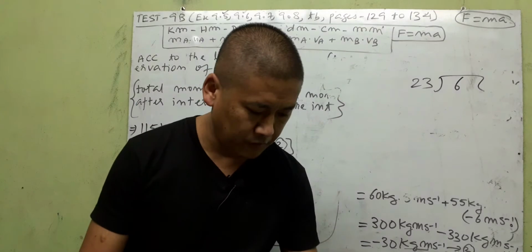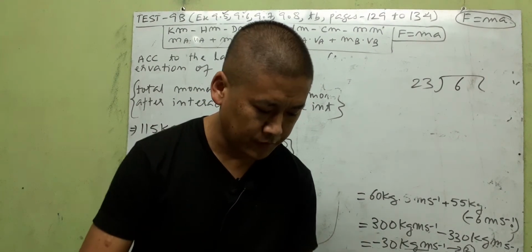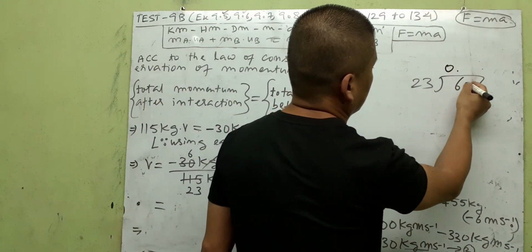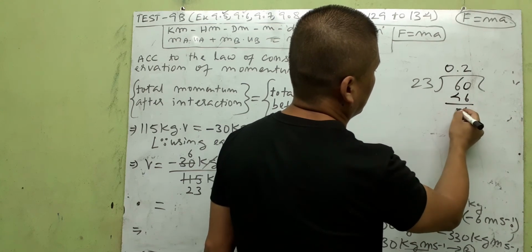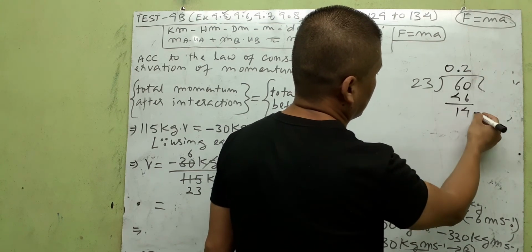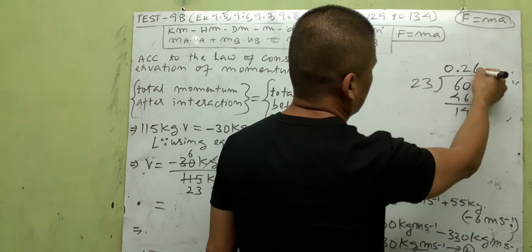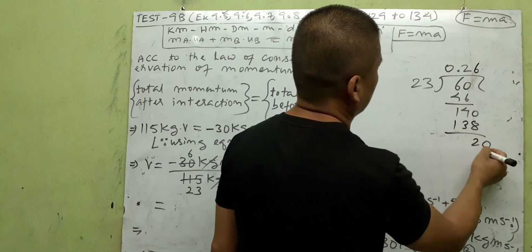6 divided by 23. So 0 point, because this is lesser than 23, we put a 0, 60 for 1. 6 3s are 18, 6 2s are 12, 13, yes, 20.